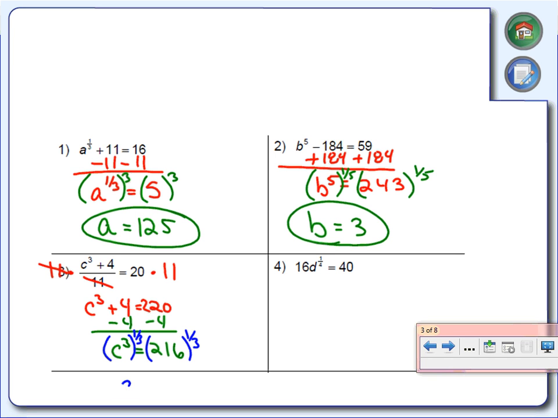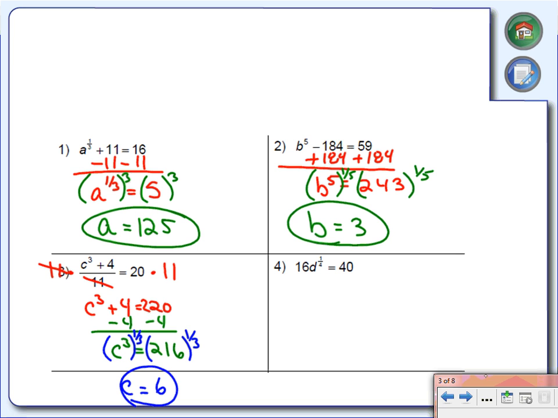So that means we're going to end up with C equaling whatever 216 is to the 1/3 power. Put that in your calculator, see what you get. 6. So your solution here is 6. So again, guys, it's really not that much different from what you already know. The only thing we're adding here is the reciprocal power. All right, let's try number 4.